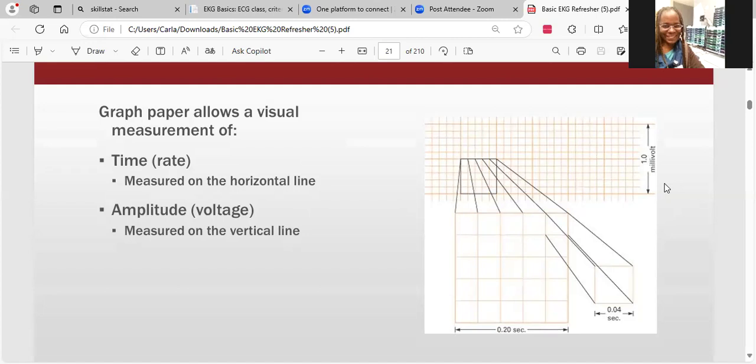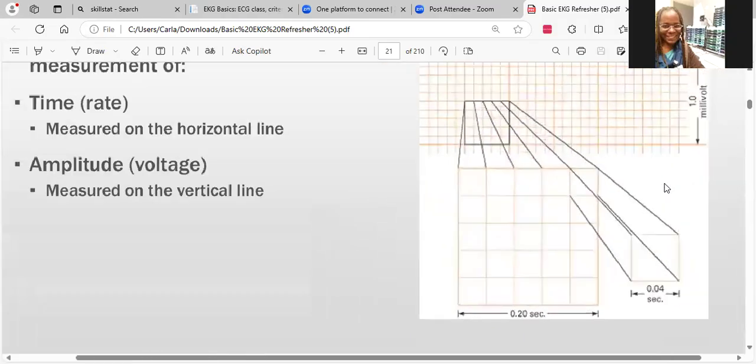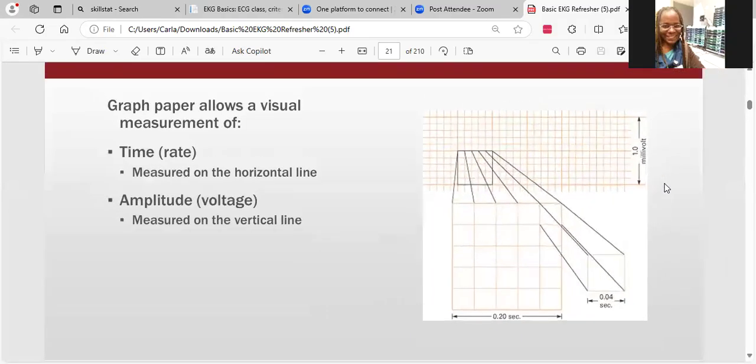As the EKG prints out, it is detecting the time it takes for the waveforms to print on the paper, how long or how short they are. And that can be measured by looking at the boxes. One large box, as we can see on this screen, is 0.20 seconds, and one small box is 0.04 seconds.